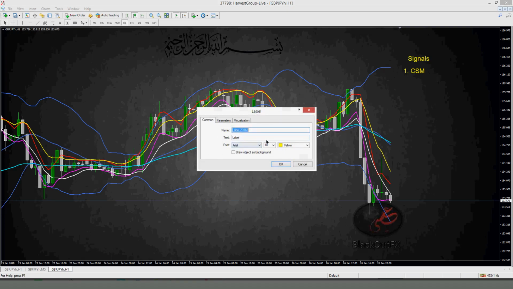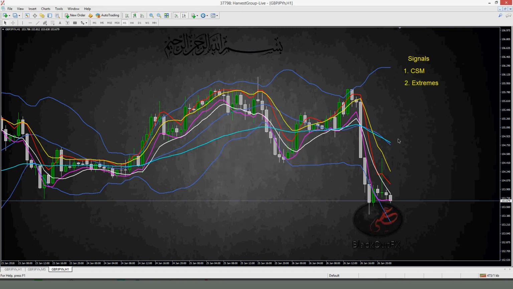The next signal will be extreme. What is meant by extreme over here is obviously MA outside of the Bollinger band. MA outside of the Bollinger band is an early indication of a change of trend in the market, but it's not confirmed yet until there's an MHB.